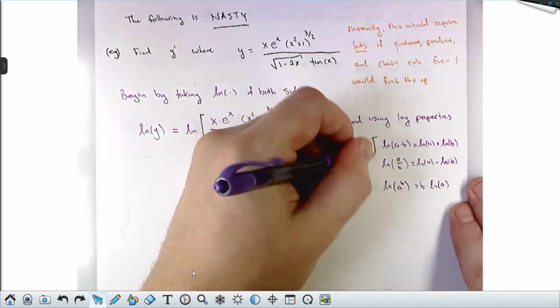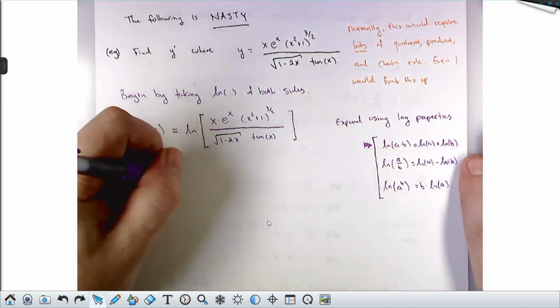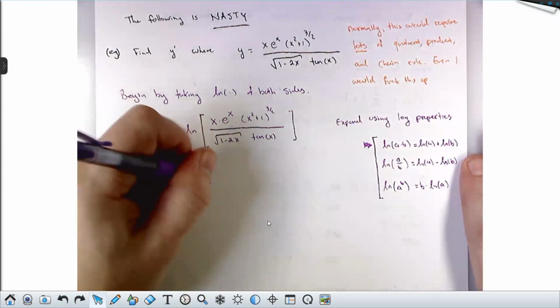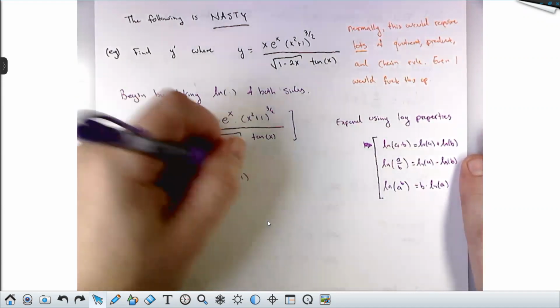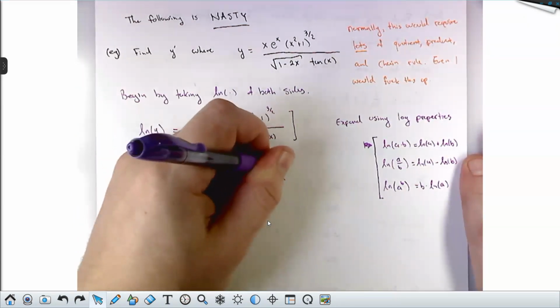These are the log properties we will use to expand that statement. The first thing I'm going to do is take this quotient and split it up. So this will be the ln of the top minus the ln of the bottom.